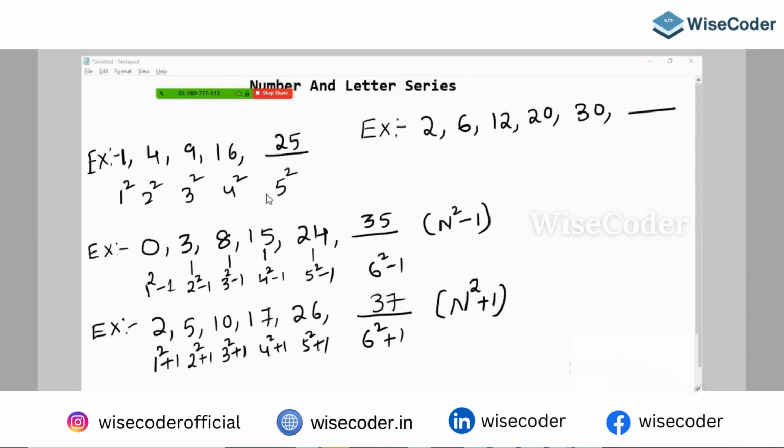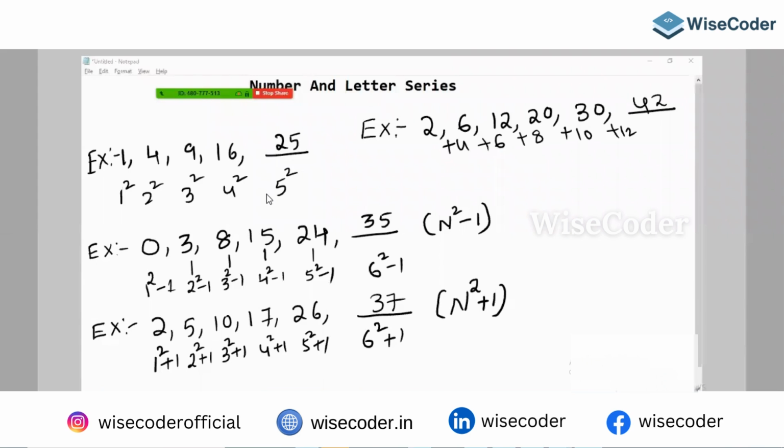If you closely observe, it is again increasing rapidly. You can say this as plus 4, plus 6, plus 8, plus 10, and next plus 12. You get your answer 42.